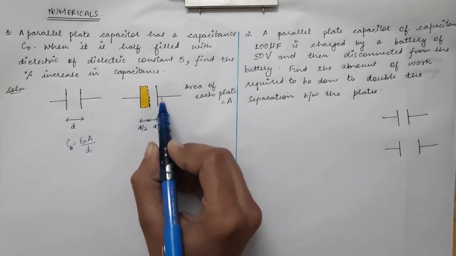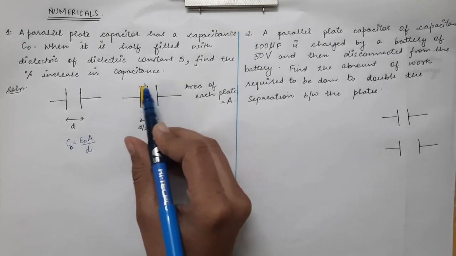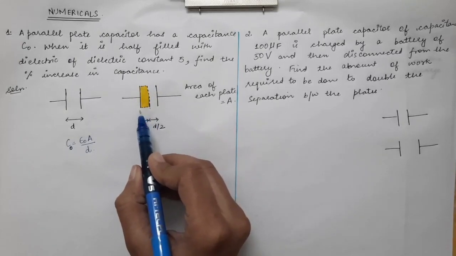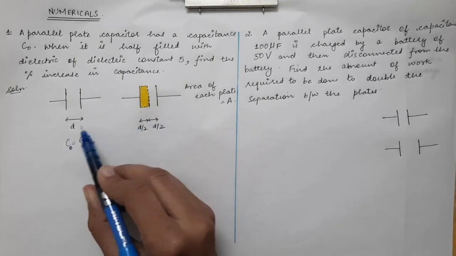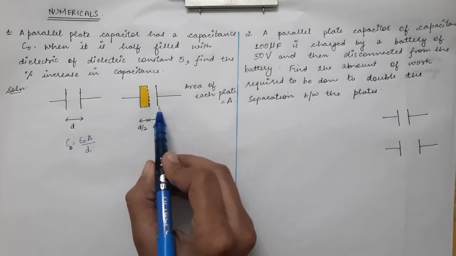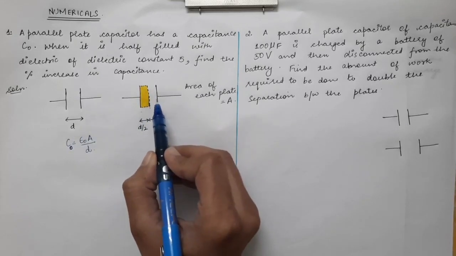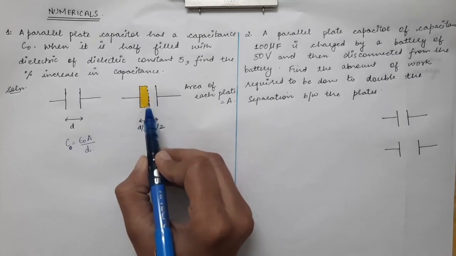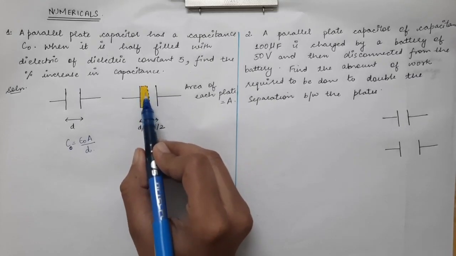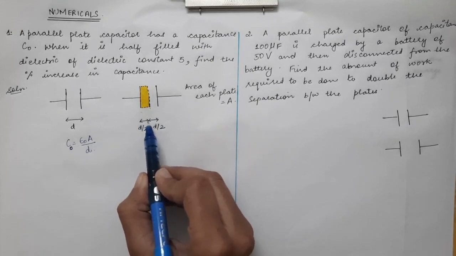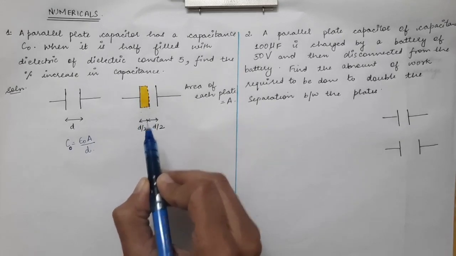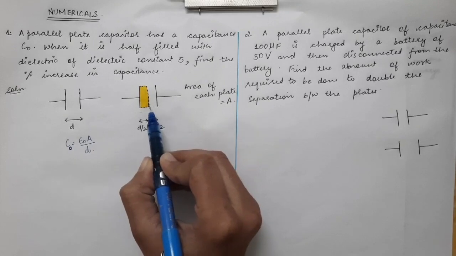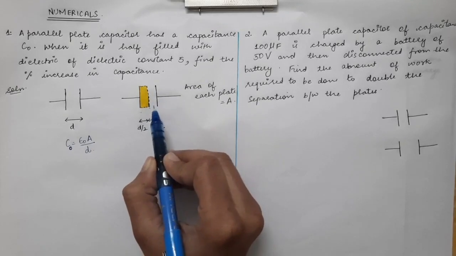So we can consider that this whole capacitor, whose distance between the two plates is small d, is made up of two capacitors. One is completely filled with dielectric and has spacing between the plates equal to d by 2, and the other capacitor has a vacuum inside.